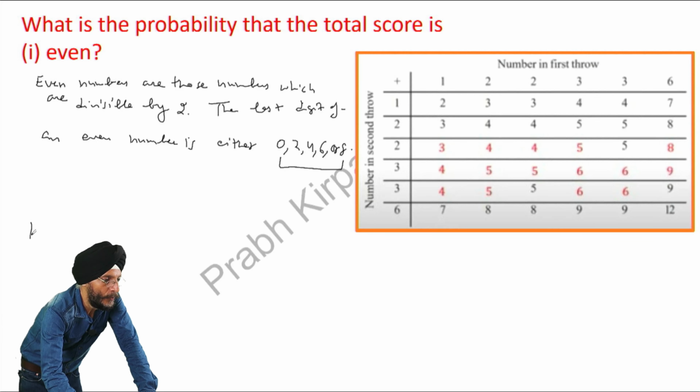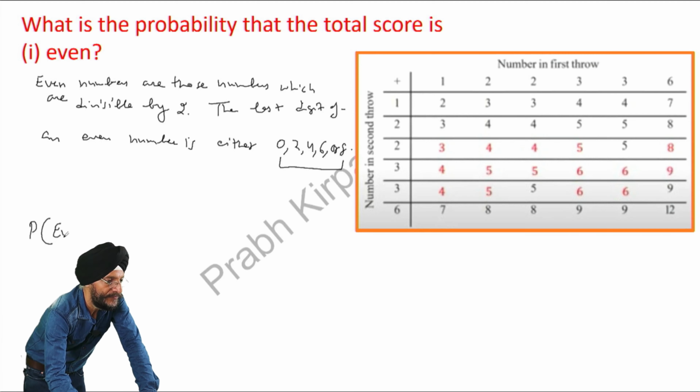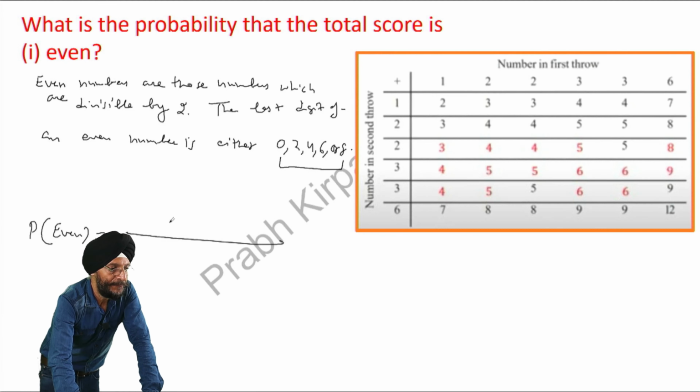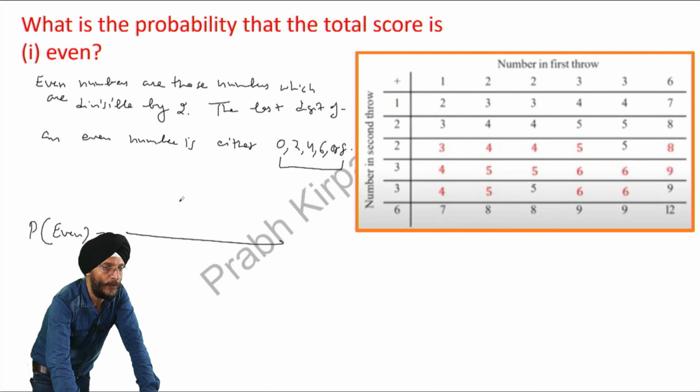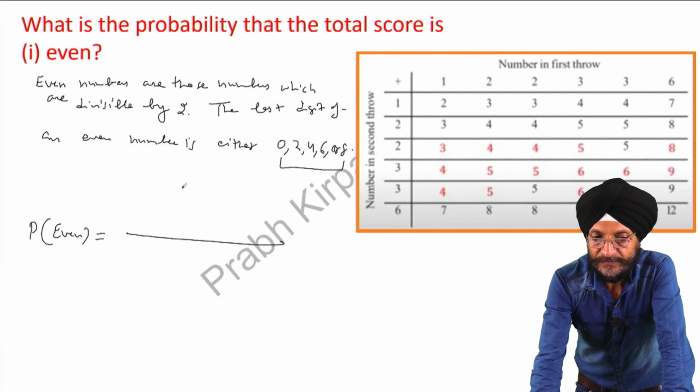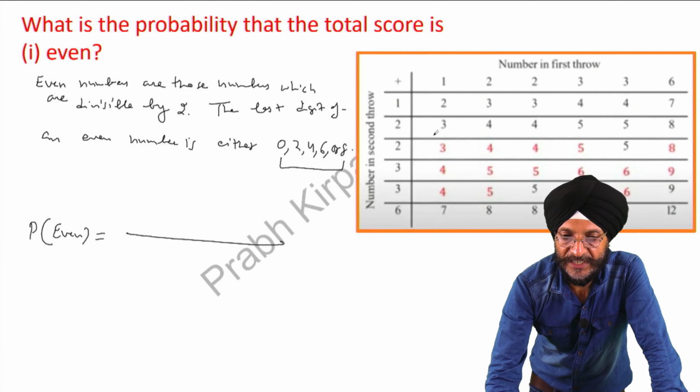Now, we can calculate the probability of getting an even number. So, first of all, we will find out the number of favorable outcomes. Number of favorable outcomes means those numbers which are even.